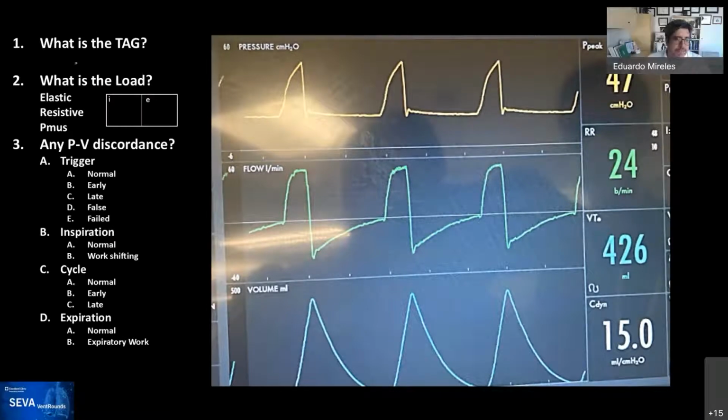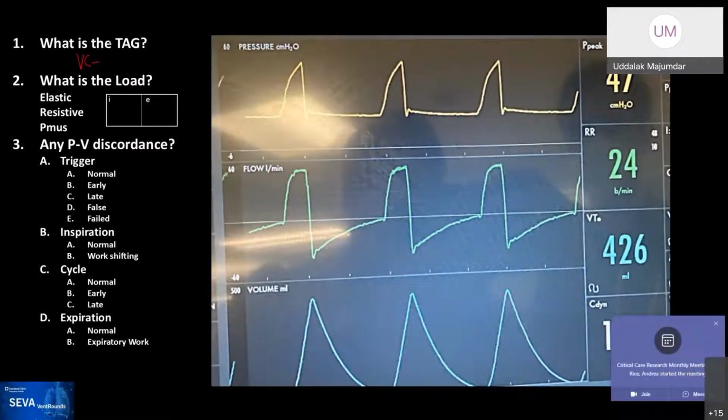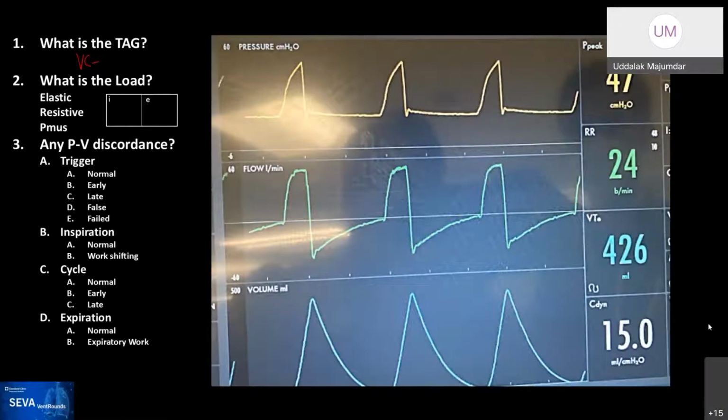Thank you. So this is volume control. Looking at my flows, it seems to be volume control CMV, because I don't see any spontaneous breaths. The times seem to be pretty equal, so I'm going to say VC-CMV.